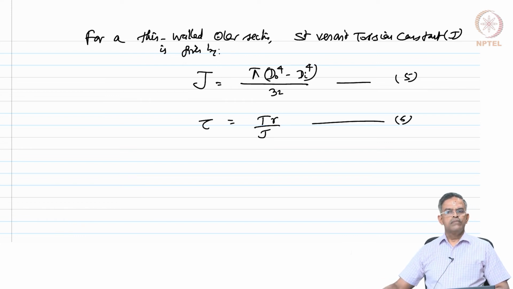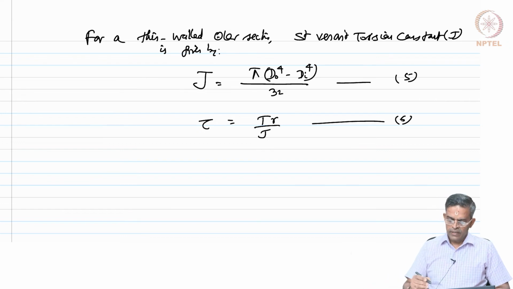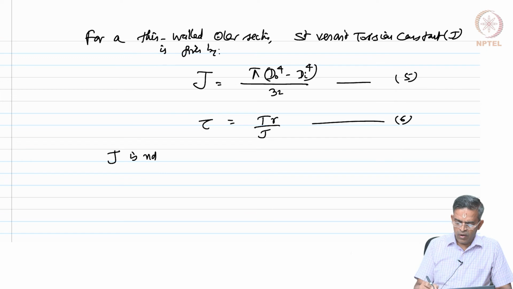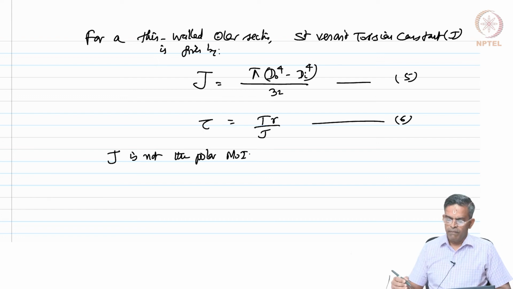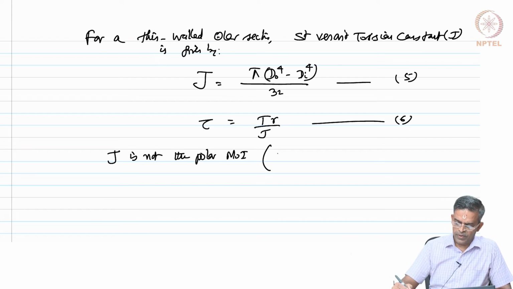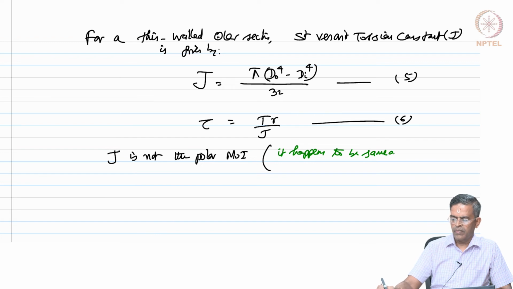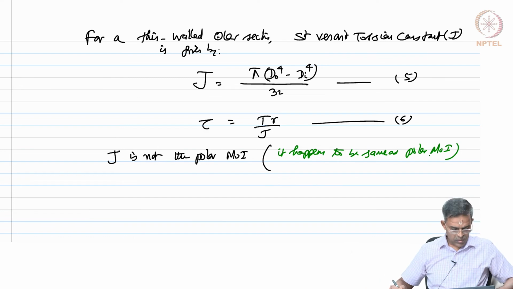Friends, even in closed thin walled sections, only pure torsion is developed. Okay? Most importantly, J is not the polar moment of inertia, but it happens to be same as polar moment of inertia. Okay? But it is not so. Okay?